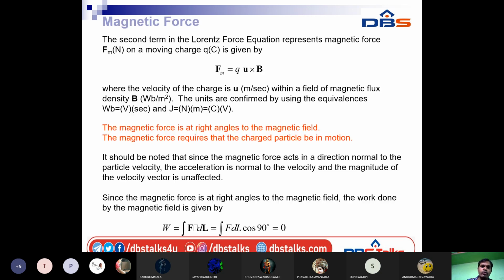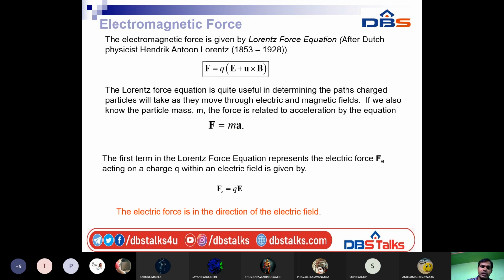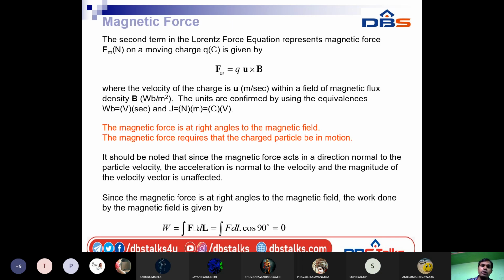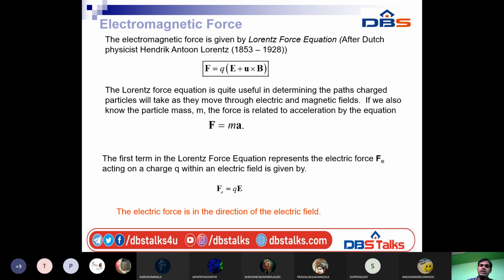When you split this, you will find Fe is equal to Q into capital E and Fm is equal to Q into U cross B bar. And here I can also represent F is equal to F suffix E plus F suffix M, where F suffix E is the force due to the electric field, F suffix M is the force due to the magnetic field.